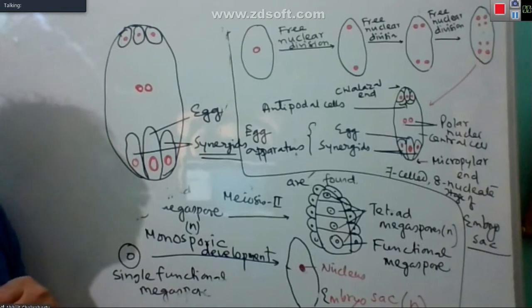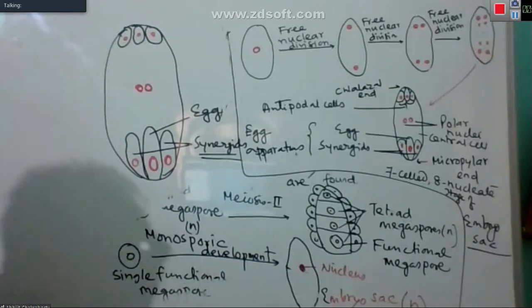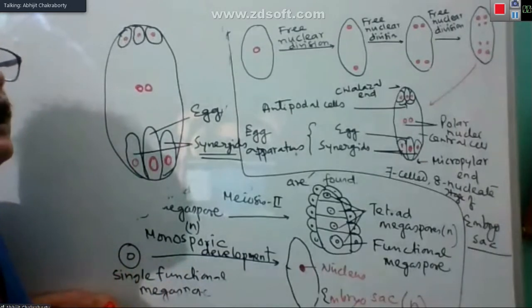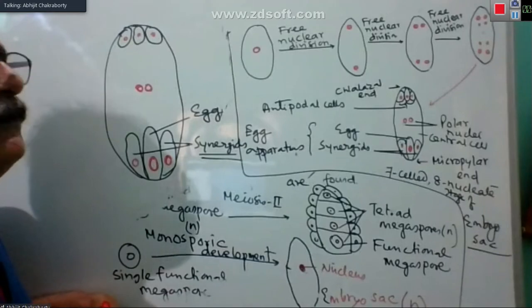How is the 7-cell, 8-nucleate stage of embryo sac formed? The most important question for both board, and several questions even coming from the entrance also. These synergids may give rise to some thread-like structures or special thickenings called filiform apparatus.